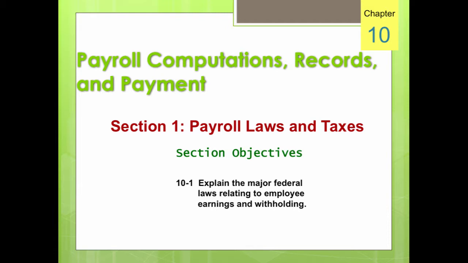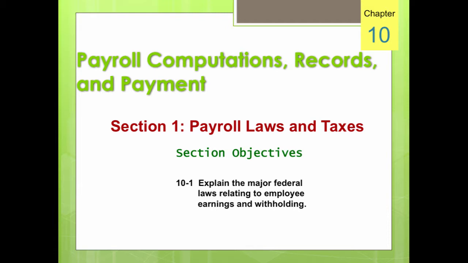In section 1, I will cover major federal laws relating to employee earnings and withholdings. I will explain those deductions that usually come in your paycheck if you work for somebody else, if you don't have your own business. Usually you don't get a check that is equivalent to your gross earnings.